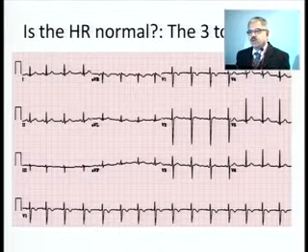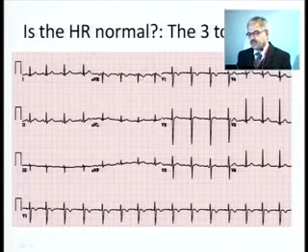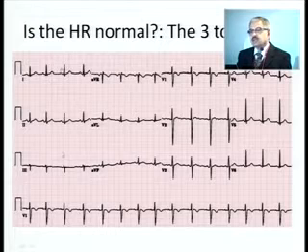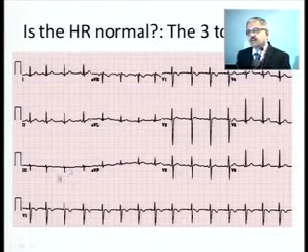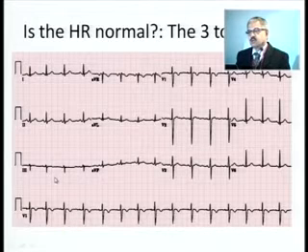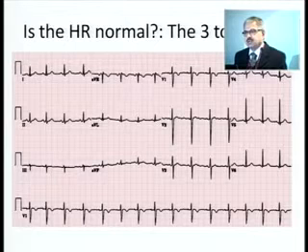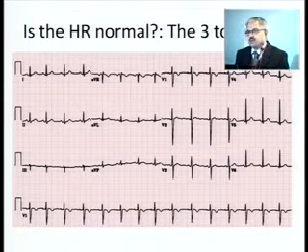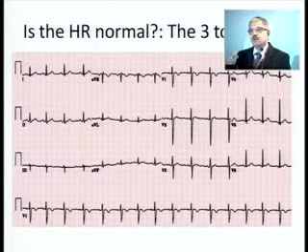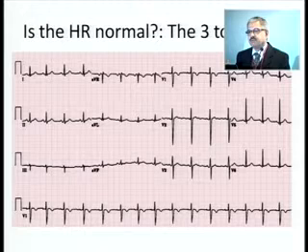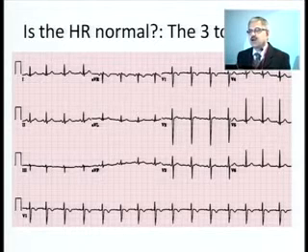So I quickly look whether between 2 RR intervals, it is more than 3 big squares and less than 5 big squares. If I have that, then why should I calculate whether it is 50 or 60, 70 or 80, it doesn't matter. So I am finished with the heart rate. I call this the rule of 3 to 5. So with big boxes between 3 to 5, quickly you make out that the heart rate is normal.